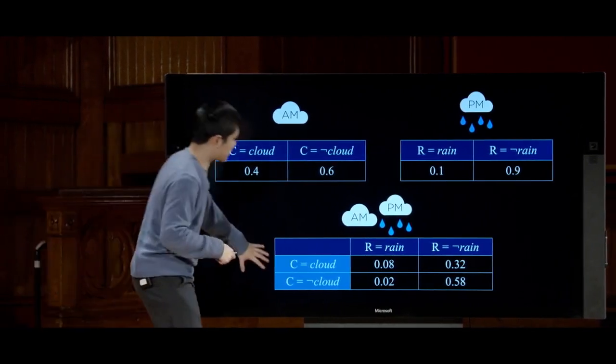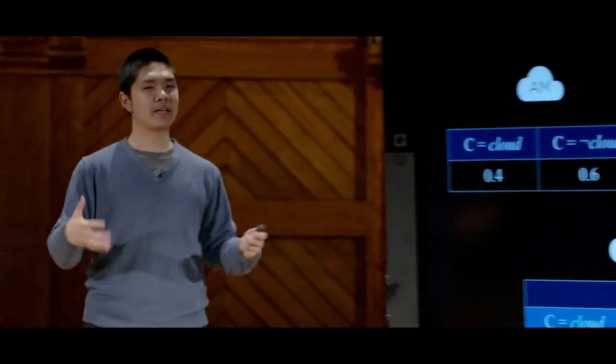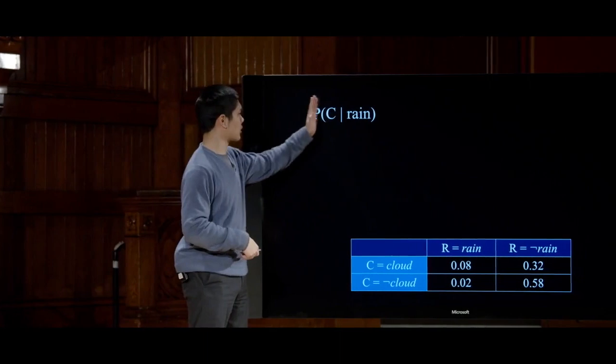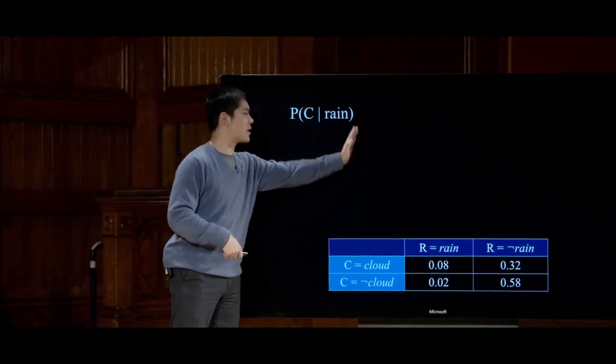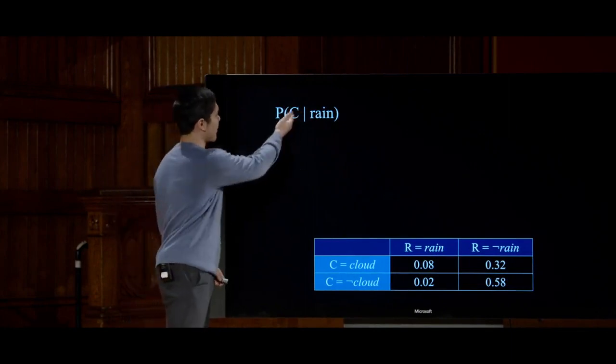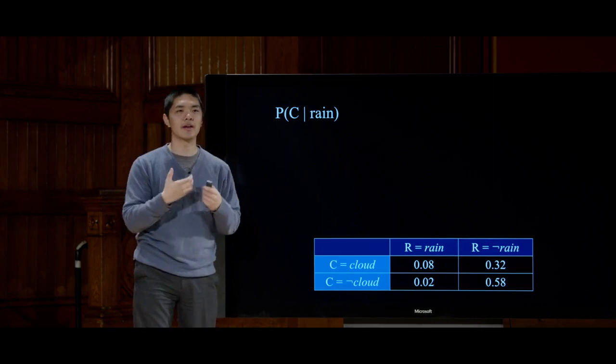And using this joint probability table, I can begin to draw other pieces of information, like conditional probability. So I might ask, what is the probability distribution of clouds given that I know it is raining? Meaning I know for sure that it's raining. Tell me the probability distribution over whether it's cloudy or not, given that it is in fact raining.